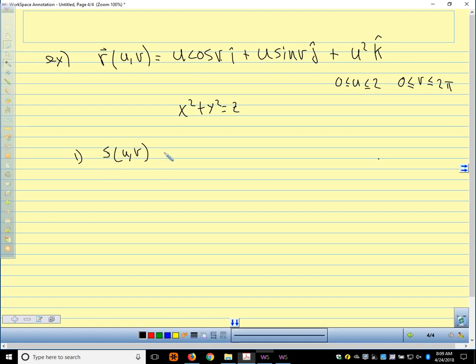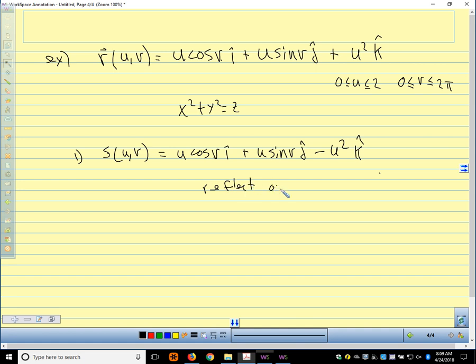S of u and v is u cosine v i hat plus u sine v j hat minus u squared k hat. So that's going to reflect over, in 3 dimensions, the xy plane.